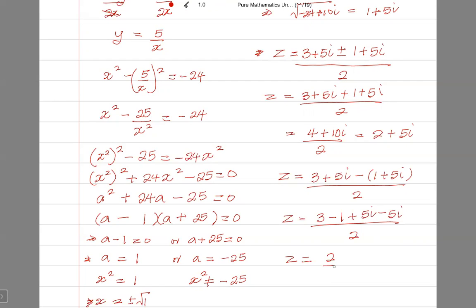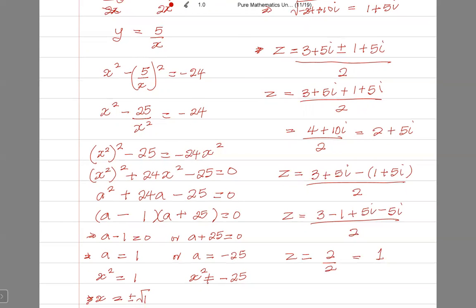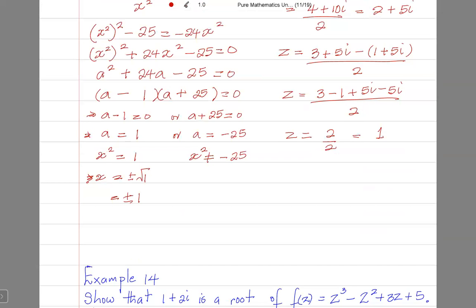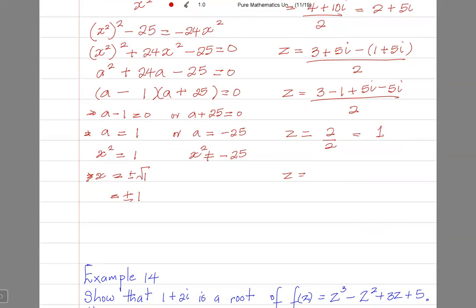So it's 2 over 2, and here the answer is z is equal to 1. Once you have the two values for z, this question is finished. So I can say z is equal to 2 plus 5i, and z is equal to 1. Those are your two answers.